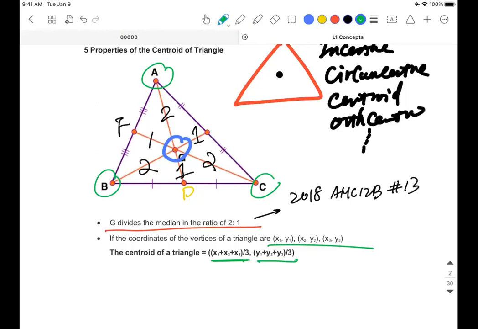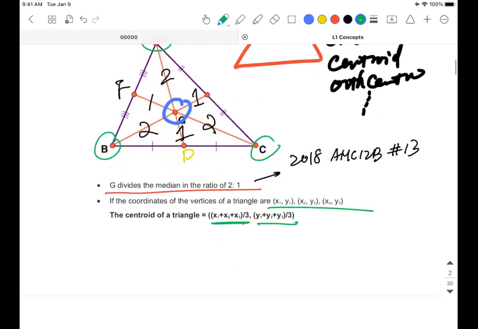It's a very easy way for you to remember. From time to time, that's going to help you a lot in calculating the coordinates of a specific centroid. So try to remember this. That's going to save you a lot of time in certain problems. All right, this is our number 5 property.